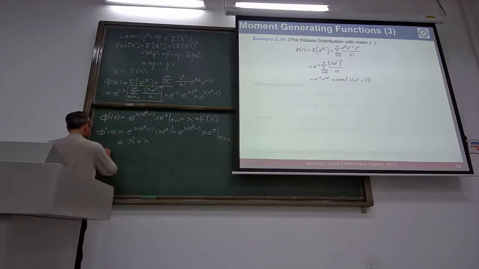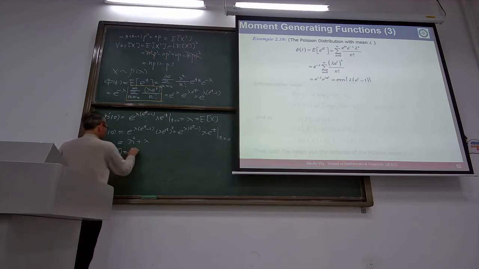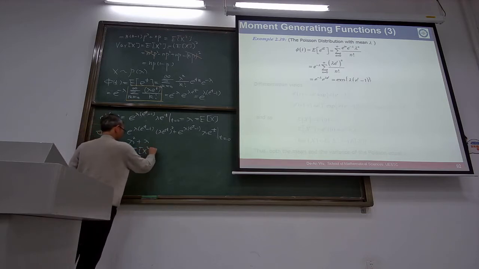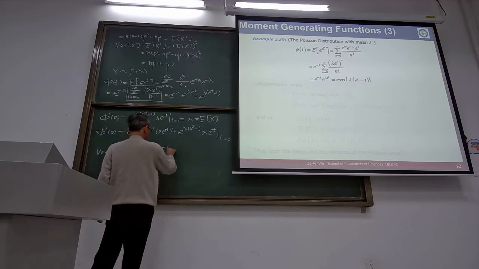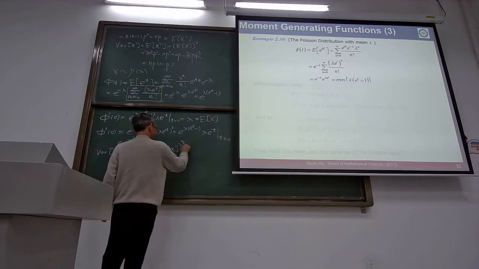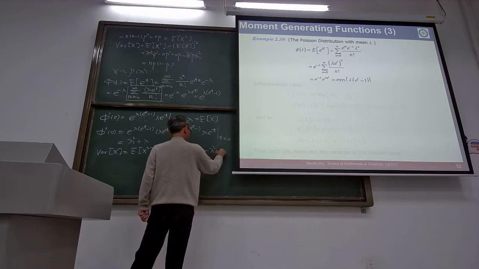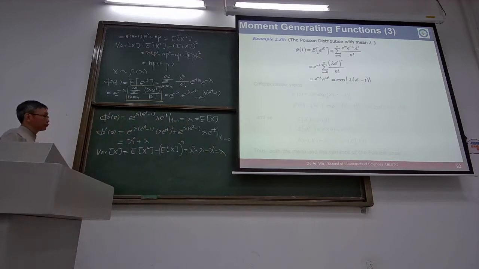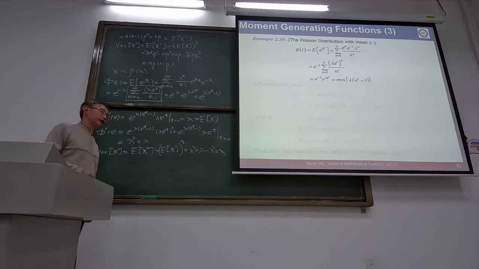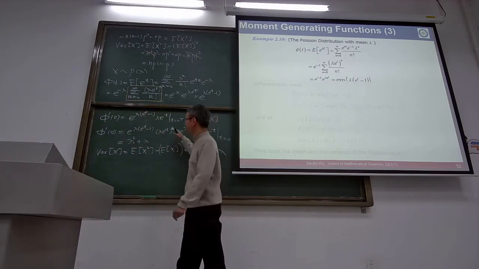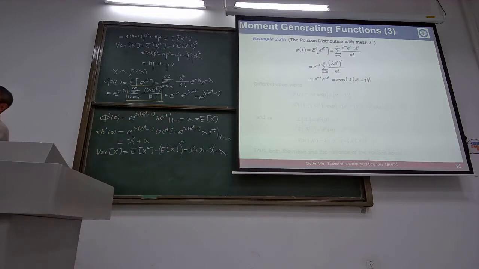The variance of X is the expectation of X square minus the square of the expectation, which equals lambda. Actually, you will find that using this method is very easy, in comparison with the previous one, just by the definition of variance step by step. We needed a long procedure to find the expectation and variance.